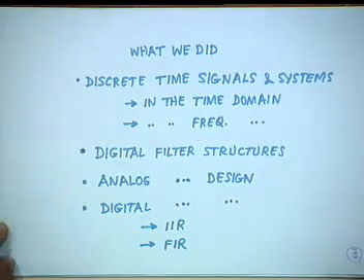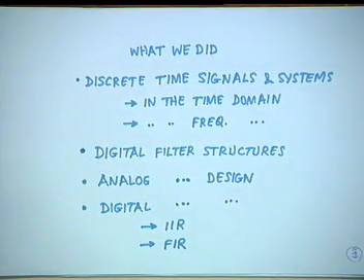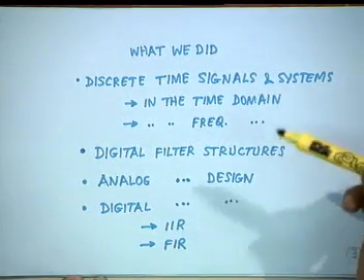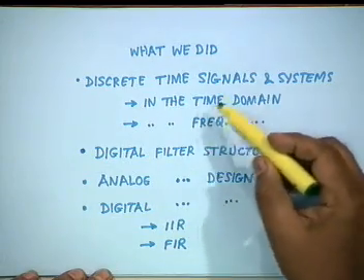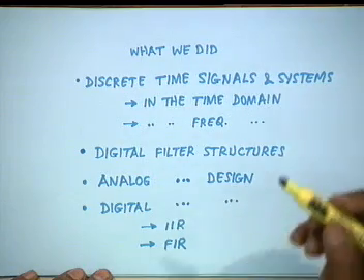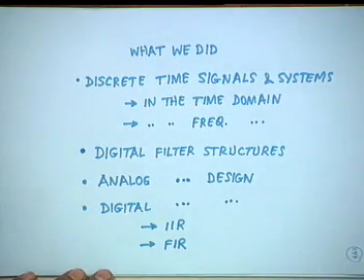What we did in the course was about 1/3 of the semester we spent in discrete time signals and systems. We considered them in the time domain, we considered them in the frequency domain. In the frequency domain we talked of Fourier transform, discrete Fourier transform and Z transform.